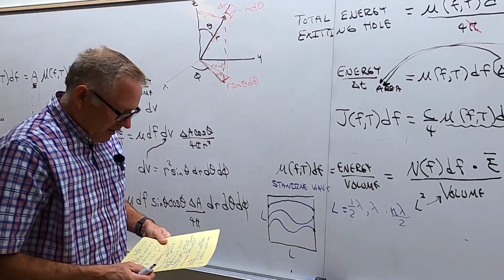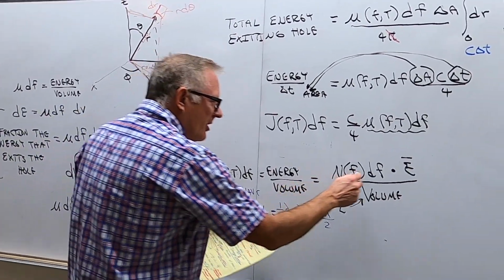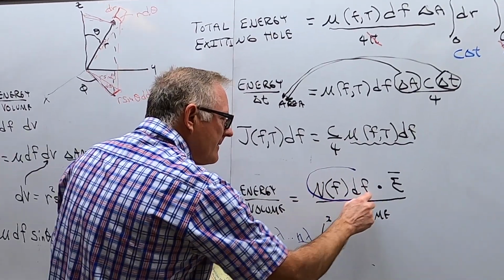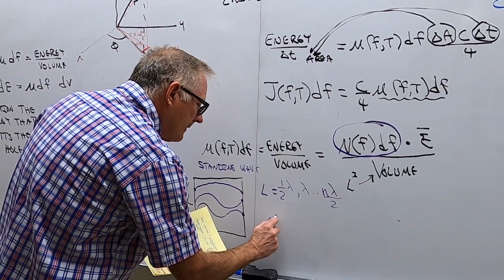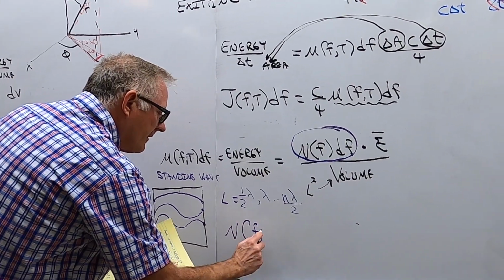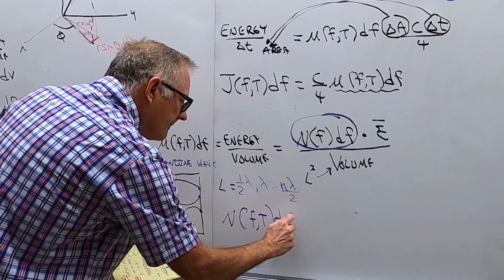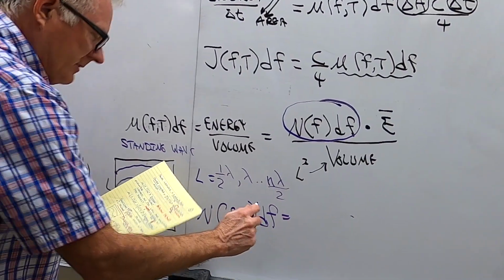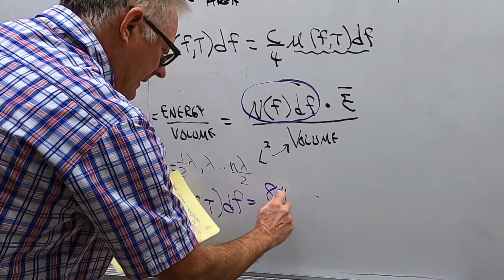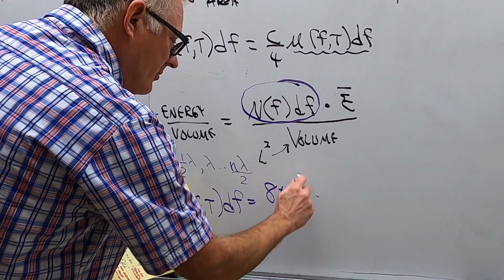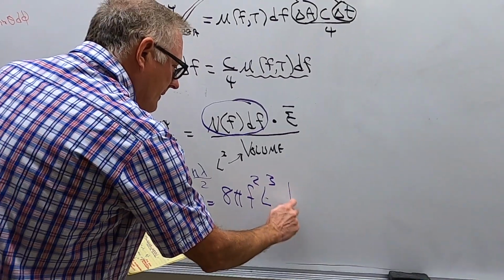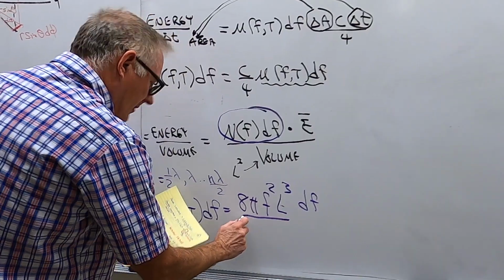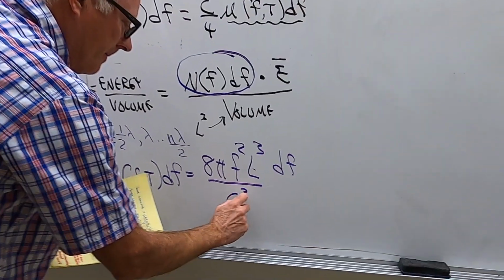What you're going to get for this term, when you add them all up, is N(f, T) df equal to 8 pi f squared L cubed df all over C cubed.